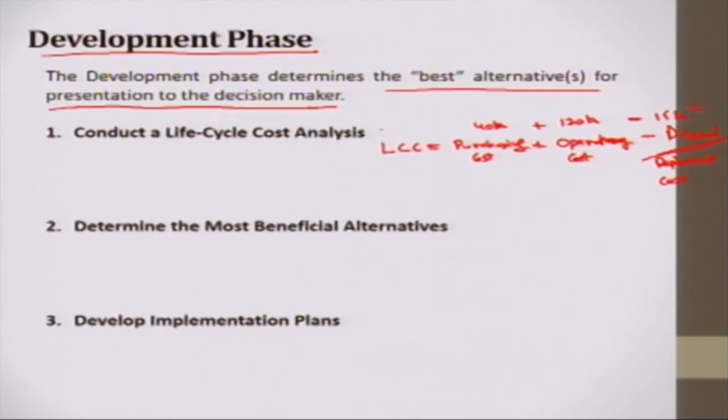In general, the normal cost is just the purchasing cost, that is the price of the product. But it is recommended to conduct a life cycle analysis to see what is the life cycle cost, what will be the replacement cost, what will be the disposal cost of this product. Okay.